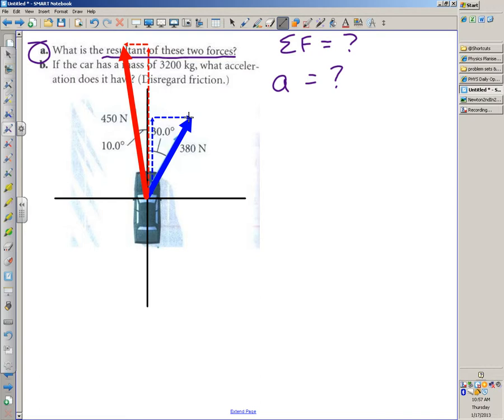You can draw this picture, that's fine. But you can also draw this picture. It's exactly the same thing. Those are the two components, whether I go up and over first or whether I go over and up first. It really doesn't matter. Okay?